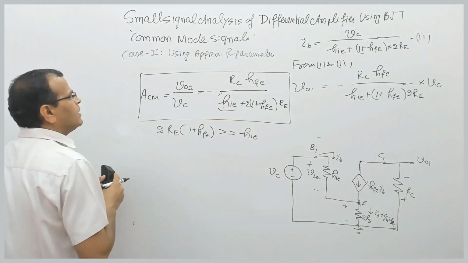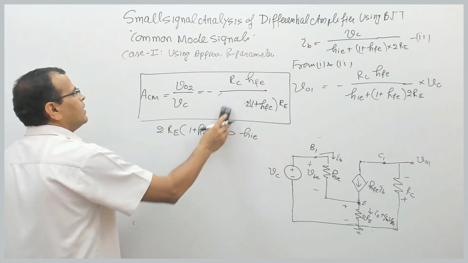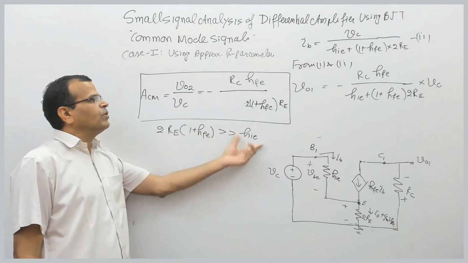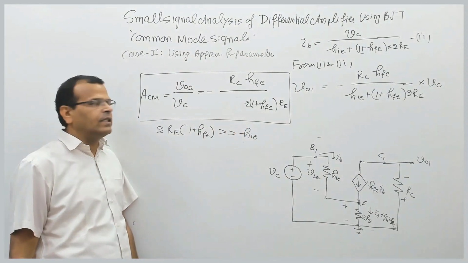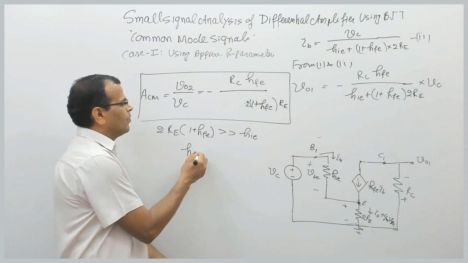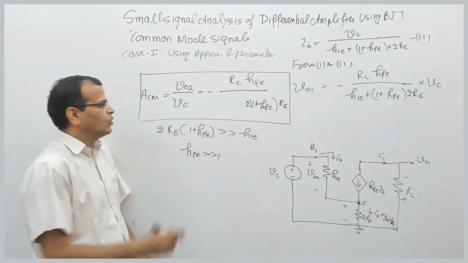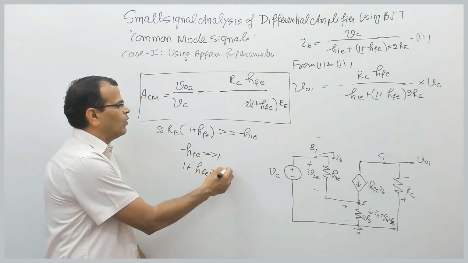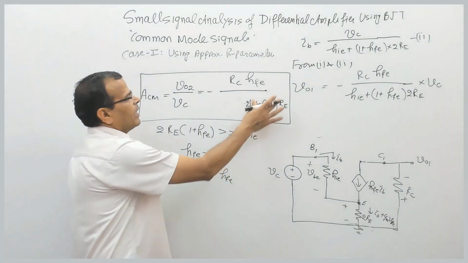When you neglect this part, so this will be this. Because this is very large as compared to this, this will be neglected. Now, HFE is much greater than 1. So I can say 1 plus HFE is approximately equal to HFE.